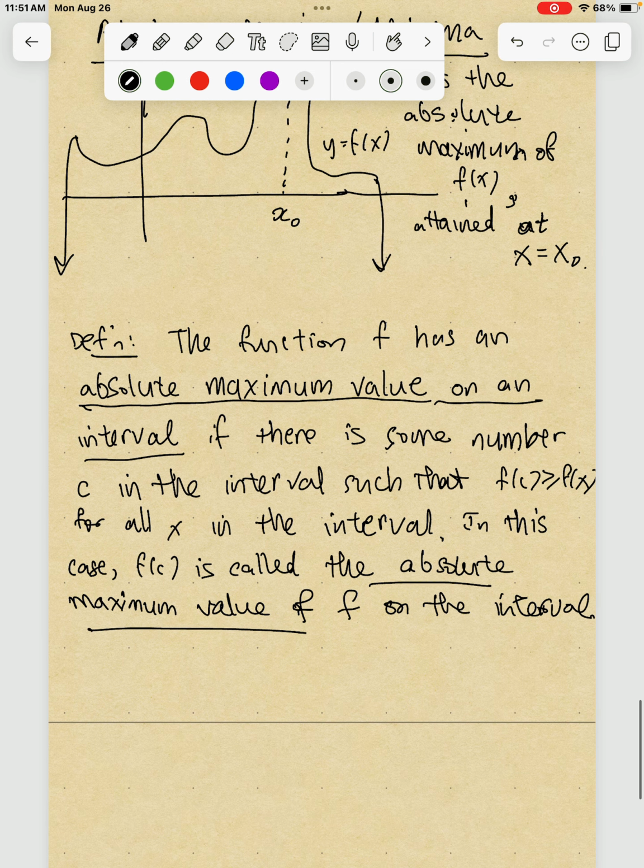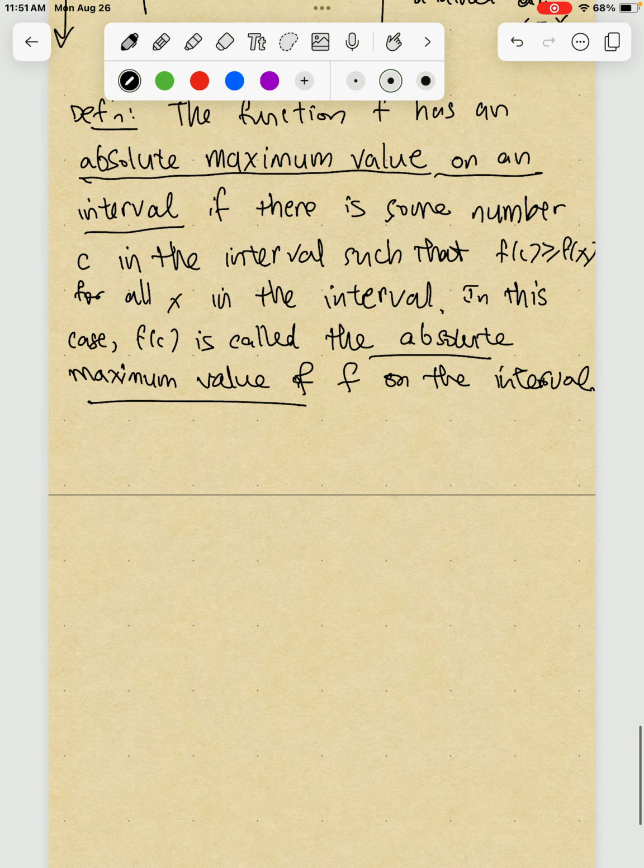So let's look at some examples. Let's just look at a straight line. Let's look at y equals 2x. And let's look at the closed interval from 1 to 4. Okay, so when x is 1, y is equal to 2.